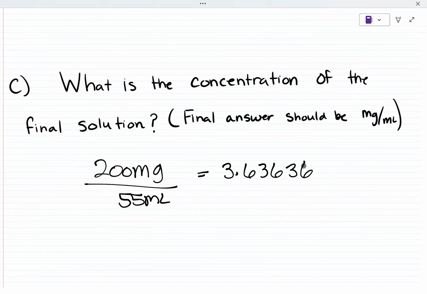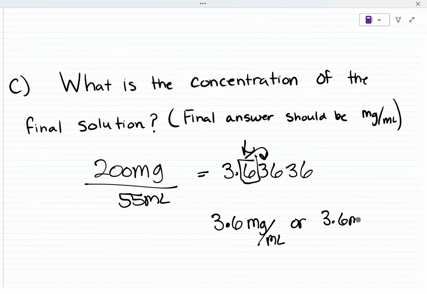Now, we do have to round to the nearest tenths, so 6 is the tenths, and then you look at the neighbor, which is 3, and 3 is not 5 or beyond, so you don't round. So it's just going to be 3.6 milligrams per milliliter. You can write it as slanted or completely horizontal, like that.